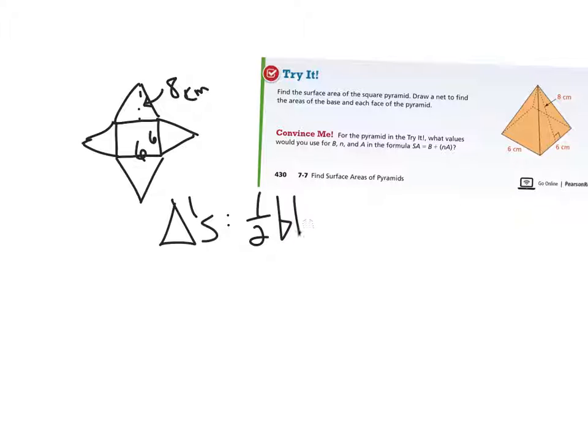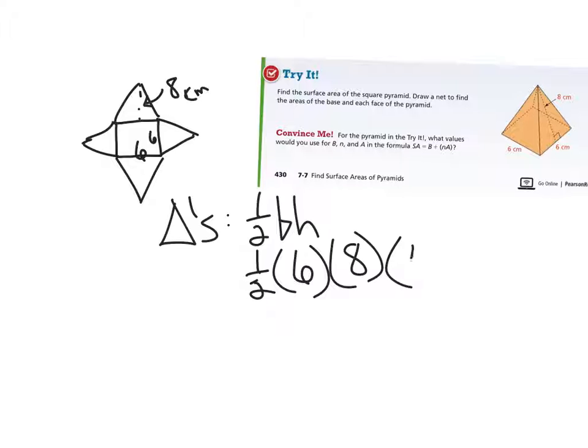Remember our formula for the area of a triangle is half base times height. Probably not a bad idea to start out just by writing your formula, not rushing through this thing. If you think about this, the base of our triangle is 6 centimeters, the height is 8, and either thinking about the picture or looking at our net, you might observe we have 4 of these triangles that are identical to each other.